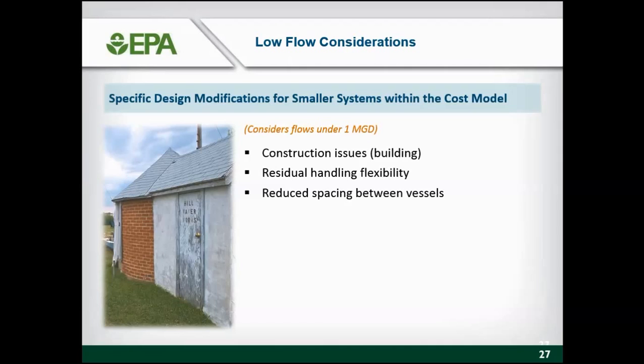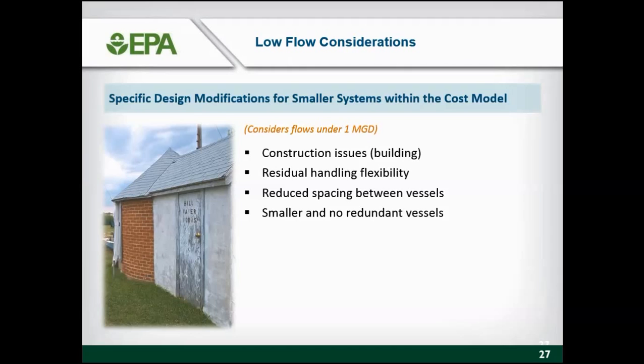Instead of service space being 1 diameter of your column between vessels or equipment, you can pack them in a little tighter at 1/2 diameter for small systems. And this reduces all the other costs in terms of things like interconnecting piping, how much building structure you need, O&M costs, and certain indirect costs, which all come along for the ride because you can pack everything in a little tighter.